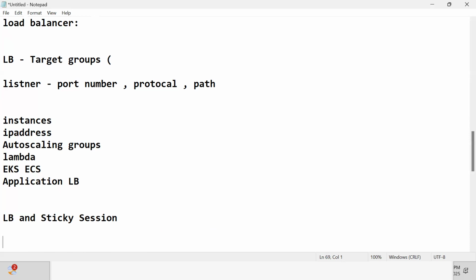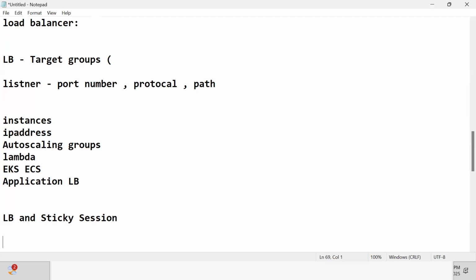But if I enable the sticky session, what is going to happen? The user request is going to be redirected to the same instance where he left, the same server itself.